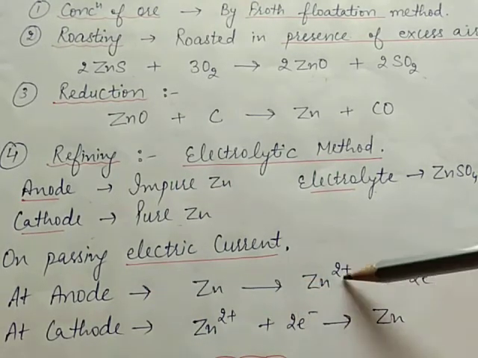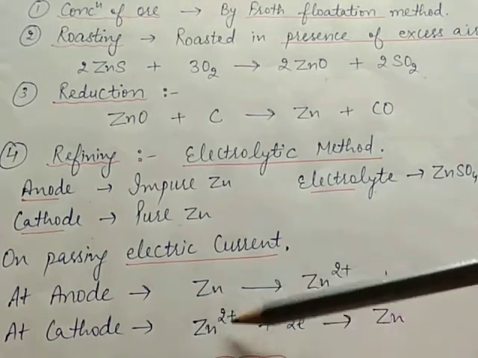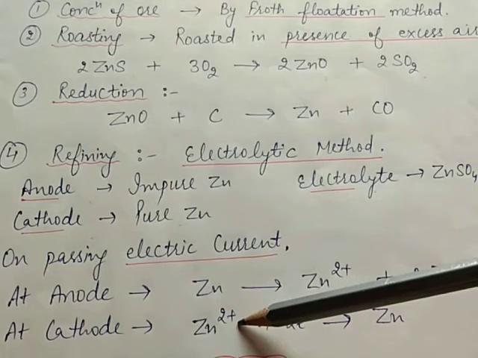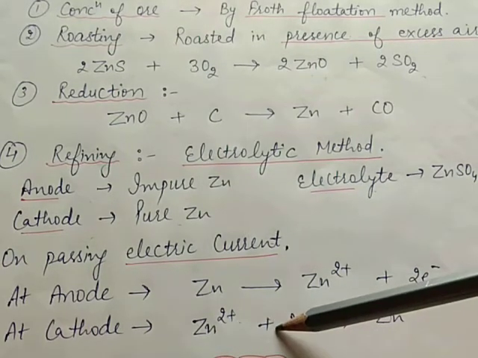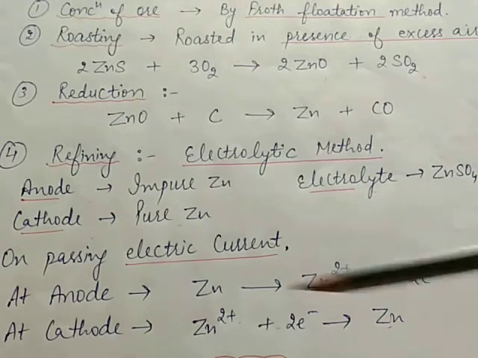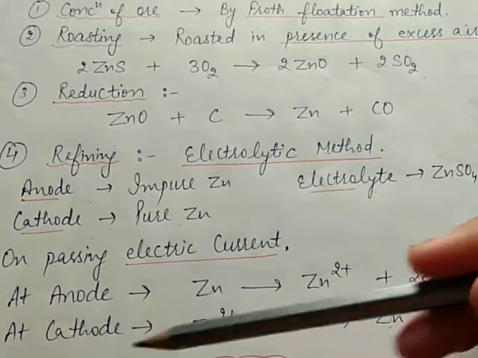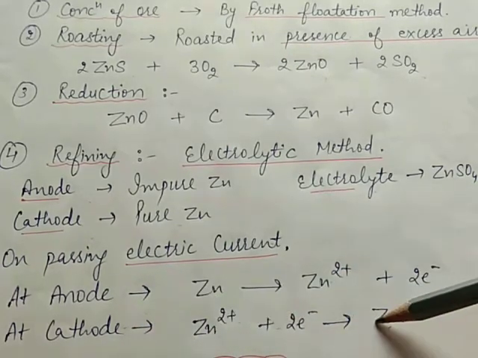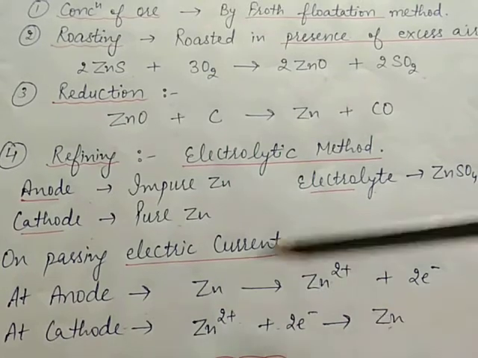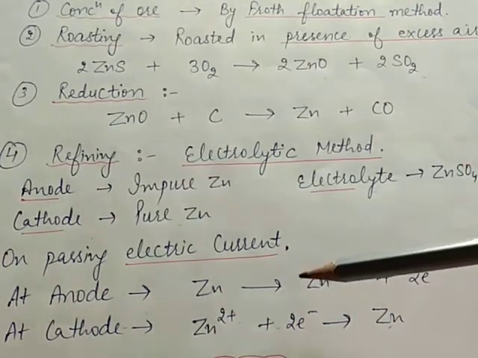The Zn2+ ions from the solution are reduced to zinc and deposited at the cathode. So at anode oxidation takes place, at cathode reduction takes place. These are the reactions that take place in the refining of zinc.